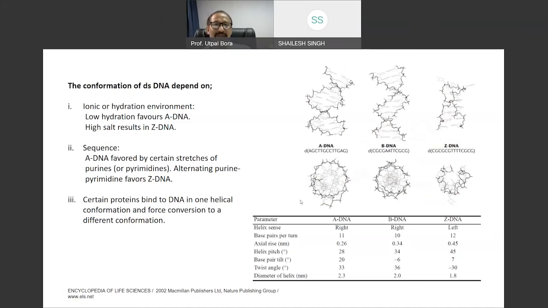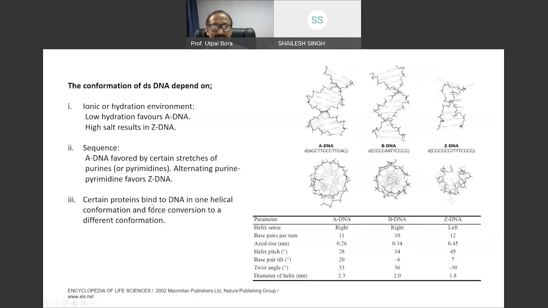Now the conformation of double-stranded DNA depends on many things. One is the ionic or hydration environment. A low hydration environment will favor A-DNA. High salt results in Z-DNA. Second, an important thing is the sequence. A-DNA is favored by certain stretches of purines or pyrimidines, while alternating purine-pyrimidine favors Z-DNA.